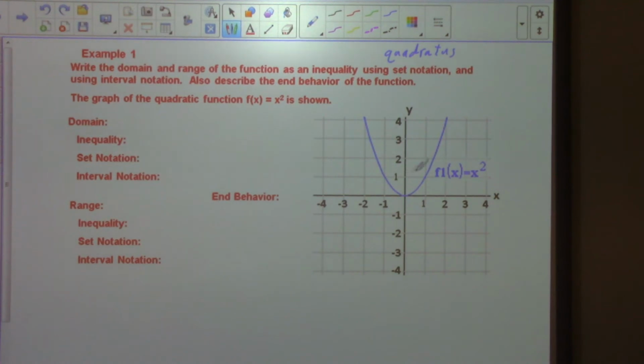And that's important for knowing domain and range, because here it says write the domain. What's the domain of any type of polynomial function?